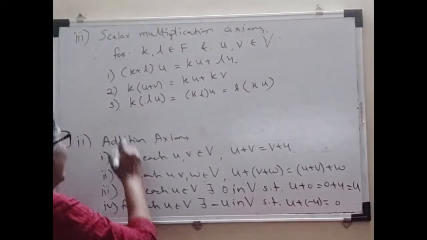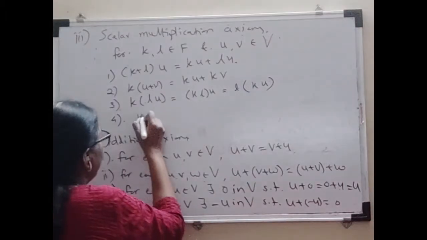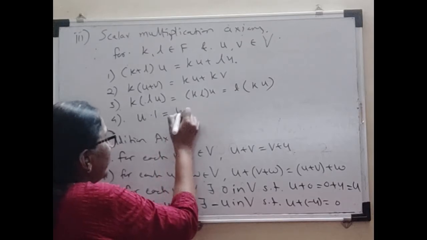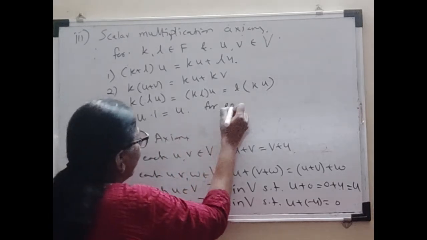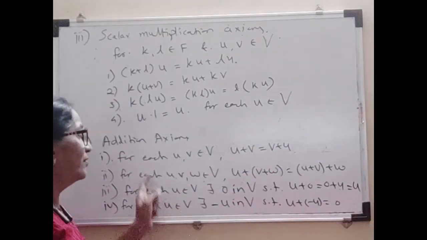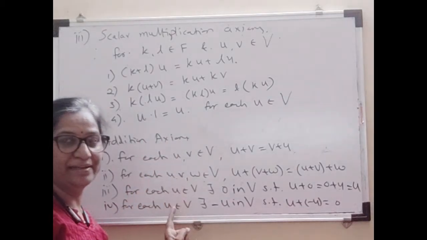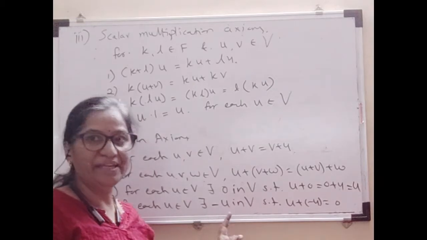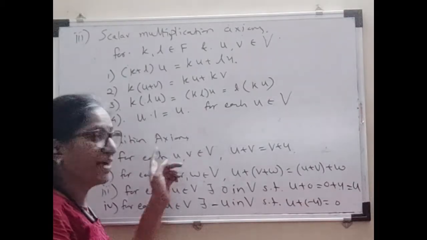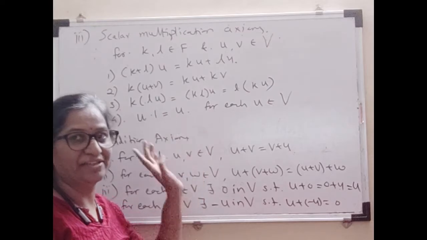And the last one: if u is any vector of V, then u into 1 should always be equal to u for each u belongs to V. So these are the scalar multiplication axioms. Any algebraic structure V over F is called a vector space if it satisfies the closure axioms, addition axioms and scalar multiplication axioms.